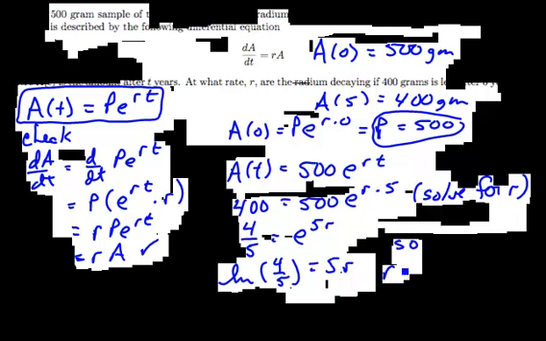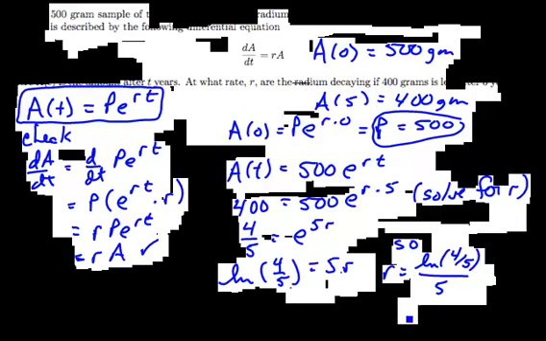So the value of r that works is the natural log of 4/5 divided by 5. And the numerical value for that, if you punch these into your calculator, is negative 0.0446. You don't want to round too much. You want to carry out at least 4 decimal places on these.